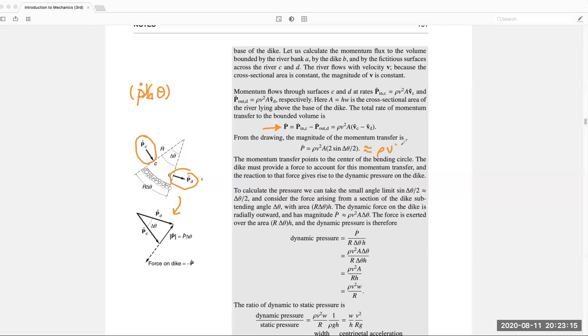This is rho v squared times A times delta theta, and rho A v squared is the change in momentum. Do you understand why this one is a change in momentum? No, I don't really understand.